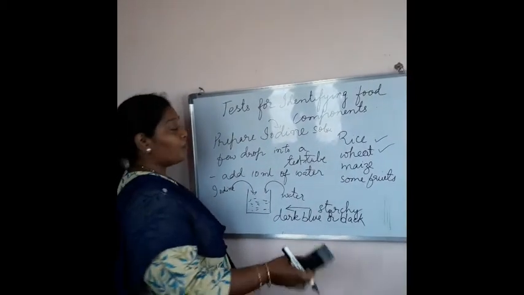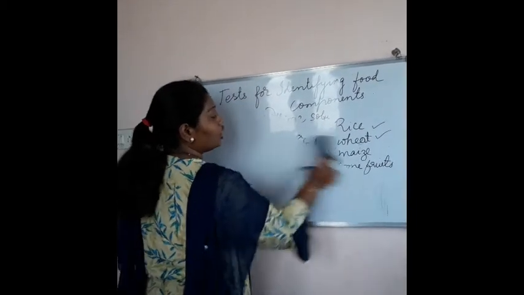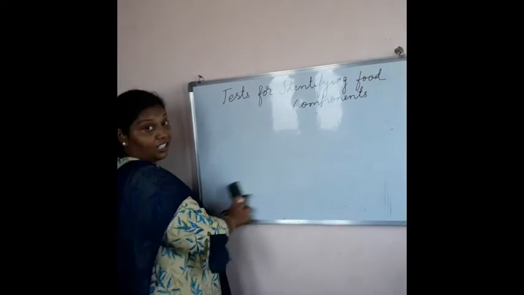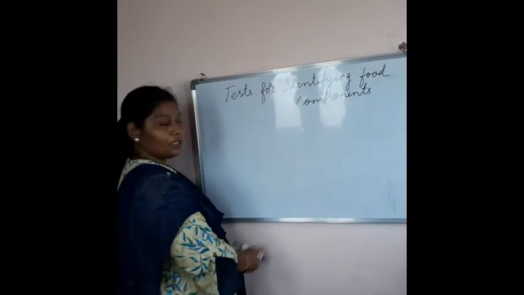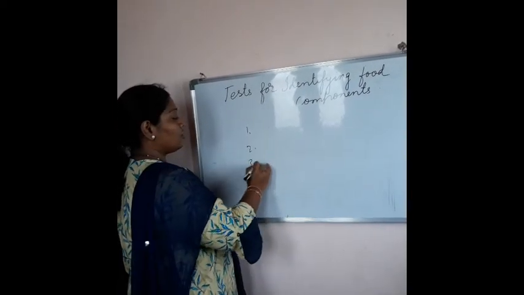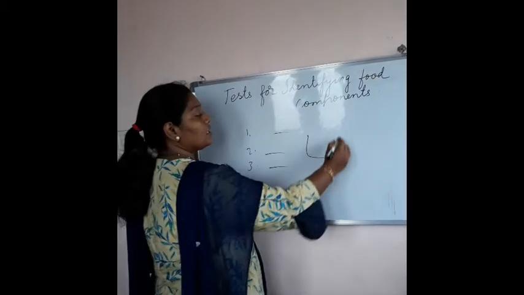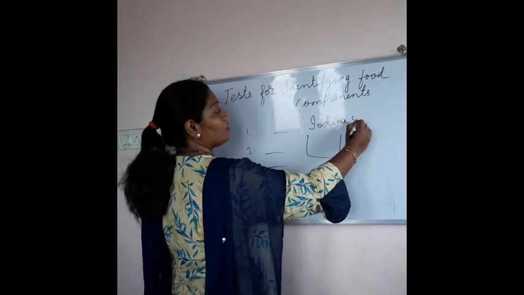Then how can you do it? Not only with the rice, you can take 2-3 samples, 1, 2 and 3, when you don't know what they contain. So you take 2 to 3 samples and then use them in this iodine solution.